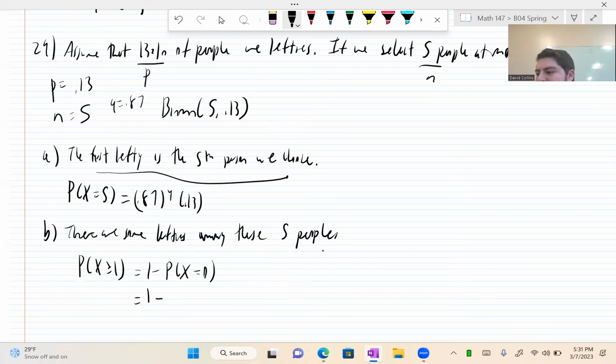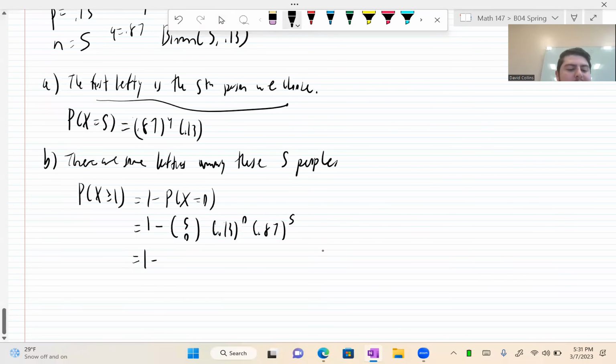So this would be 1 minus 5 choose 0, 0.13 to the 0, anything to the 0 power is 1, times 0.87 to the 5. This is also equivalent to just saying 1 minus 0.87 to the 5. This answer is 0.502.